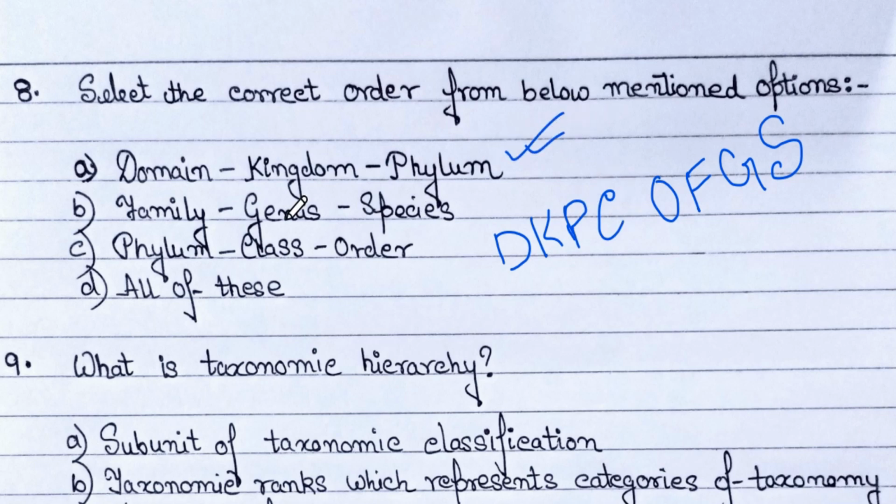Yes, we have. Next is kingdom, phylum, class. We have? No. Next is phylum, class, order. We have phylum, class. Yeah, we have. So this is correct. Next is class, order, family. Do we have? No. Order, family, genus. Do we have? No. Family, genus, species. Family, yeah, we have. So all of these are correct. Therefore, the correct option is option number D, that is all of these.